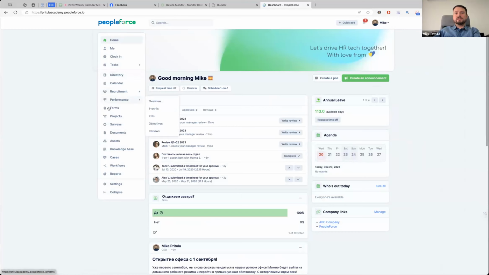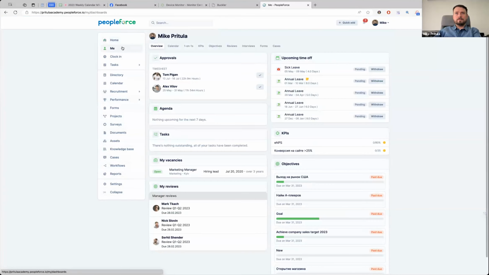Then we have several additional tabs here. Recruitment is for ATS, so we will not consider this today. Performance is for performance management. Again, we will skip this for today. Surveys is for engagement management. We will skip, but we will see the rest like this. So let's click Me.